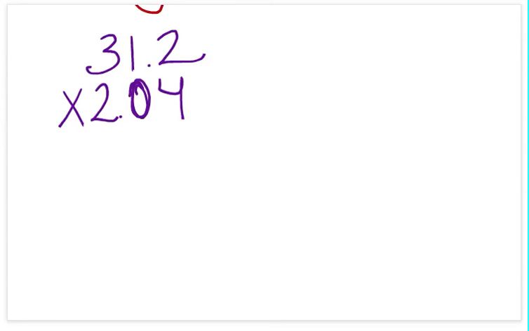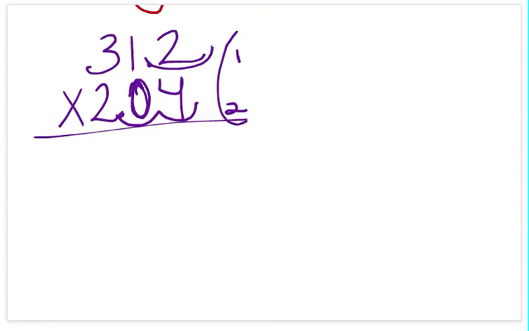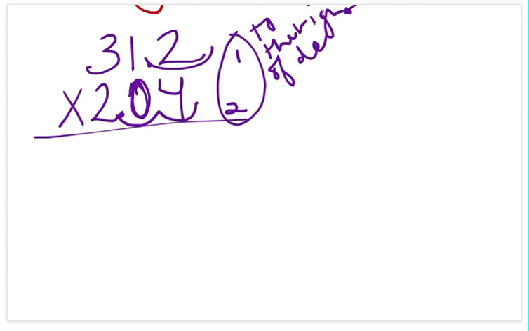Okay, so here you notice my decimal points are not lined up. However, I want to count how many decimal places I have. 1, 2, I have 2 here, and 1 here. That's how many decimal places will be to the right of the decimal point when I'm done. When I've calculated it. So now we just do our math.